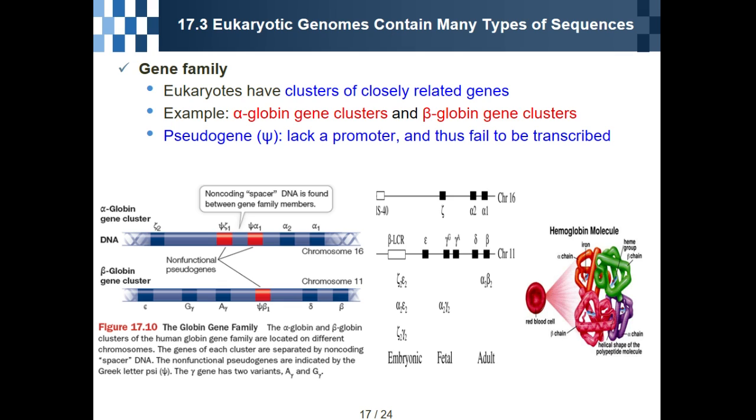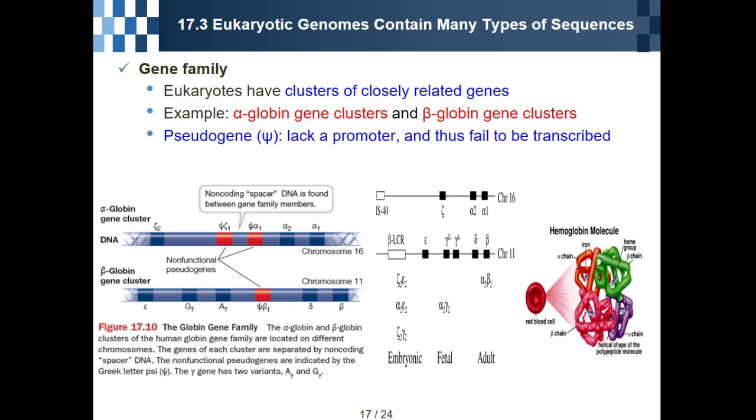But when we are in the embryonic and fetal status, for example in the embryonic status, this zeta gene and another epsilon gene make hemoglobin. Zeta gene comes from the alpha globin cluster, and epsilon comes from the beta globin cluster.